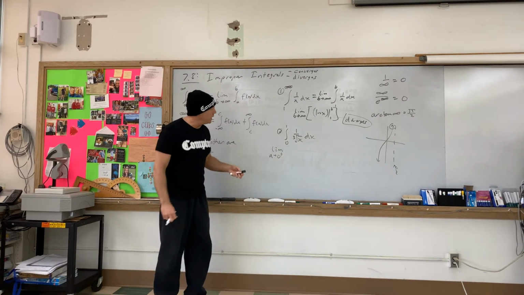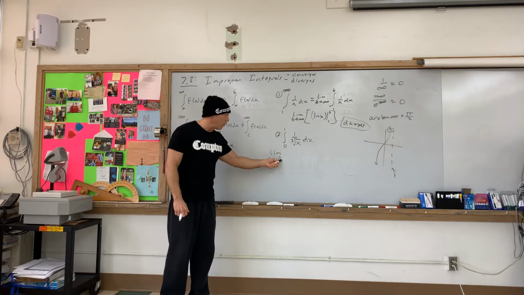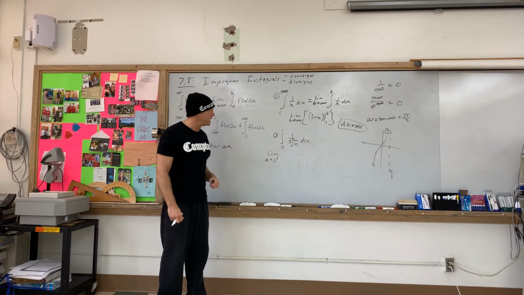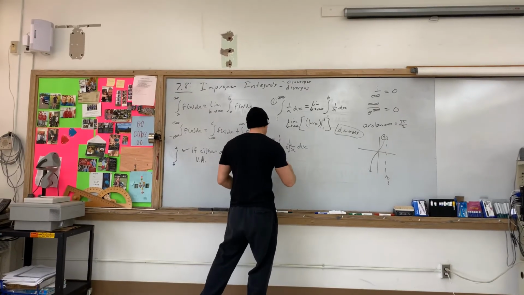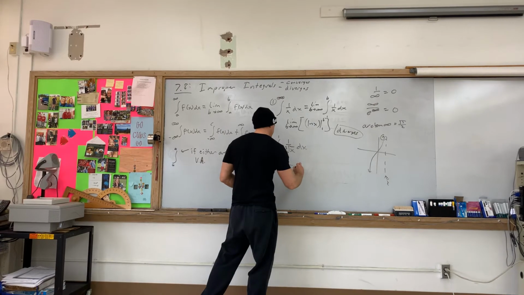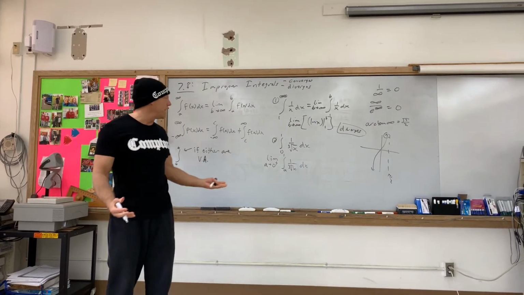But because it's from 0 to 1, I'm on the inside of 0 to 1, so I want to approach 0 from the positive side. So I change this to a limit, and I'm going to integrate from a to 1 of this function. So the first step is to change it to a limit.